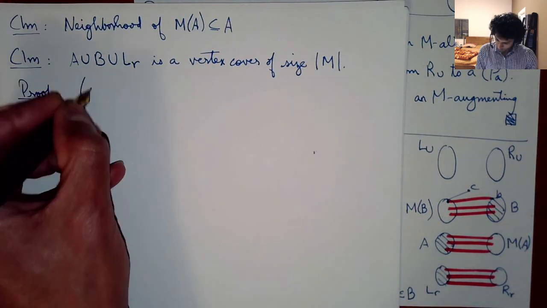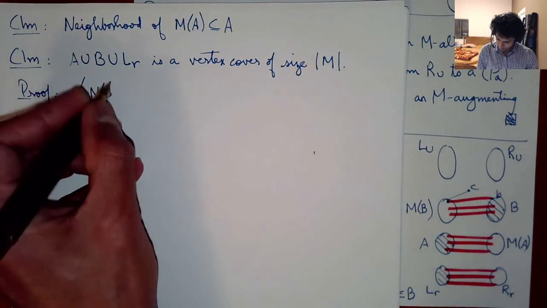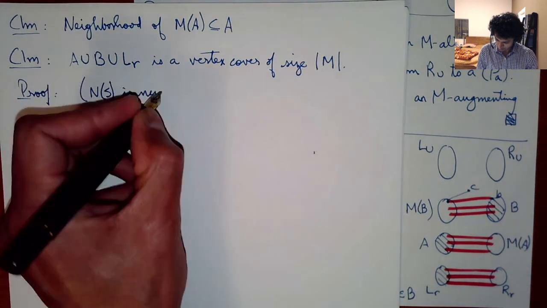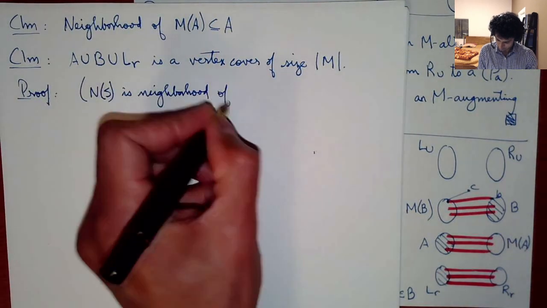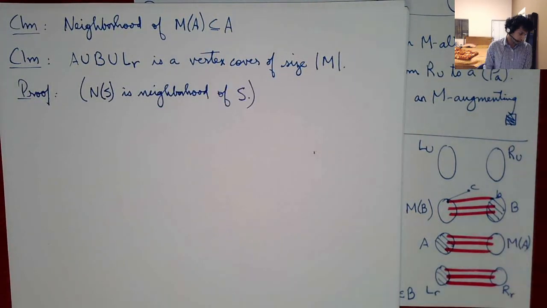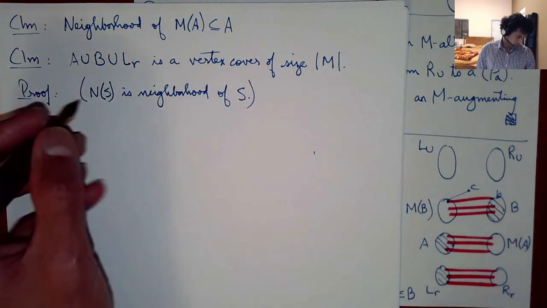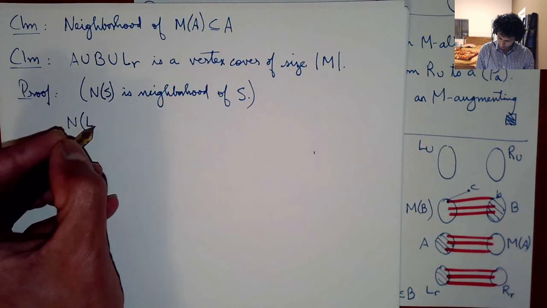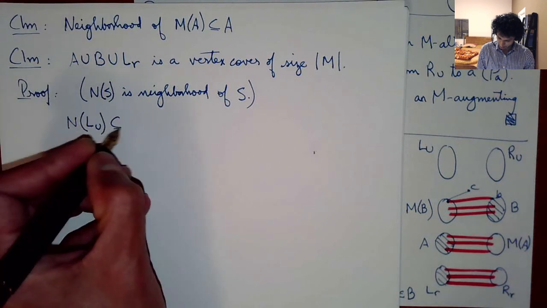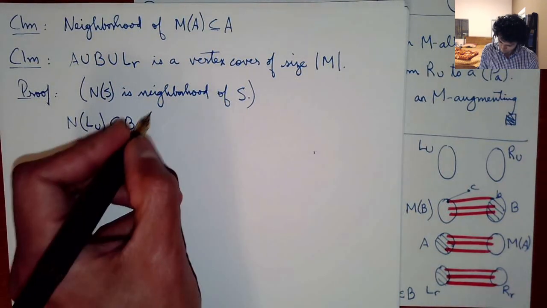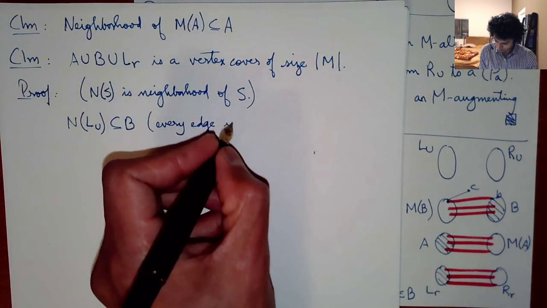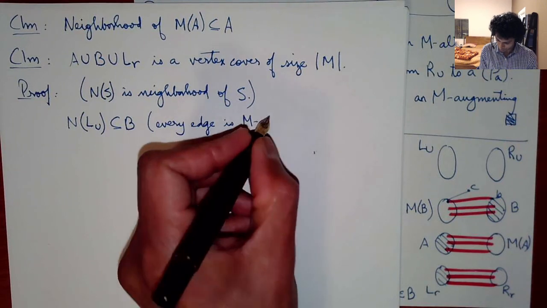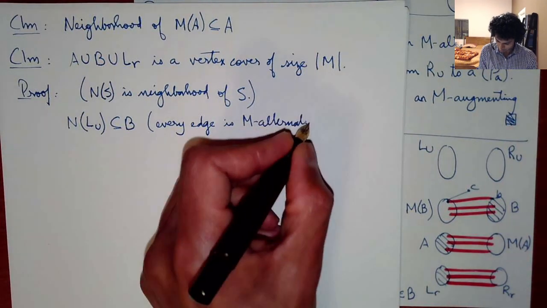By the way, I'll use N of S as the neighborhood of S. This is the notation that I use. So N of LU is going to be contained in B. That is because every edge from LU is an M alternating path.